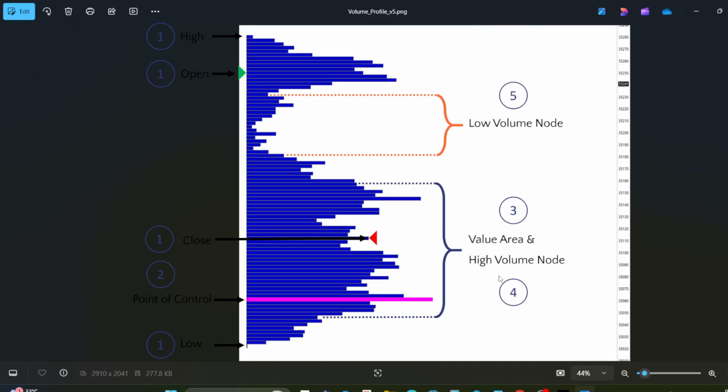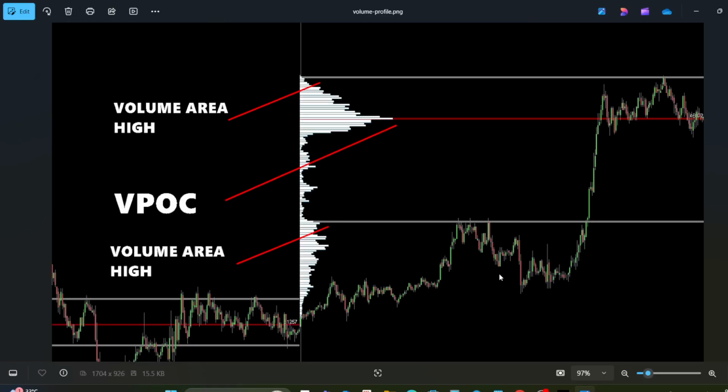The wider the histogram, the more volume has traded at that price level, and the more significant that level might be. Volume profile also shows the value area, which is similar to market profile, indicating the range where most of the volume has occurred. The point of control, the volume POC, in volume profile is the price level with the highest volume, which is often a major point of support or resistance.